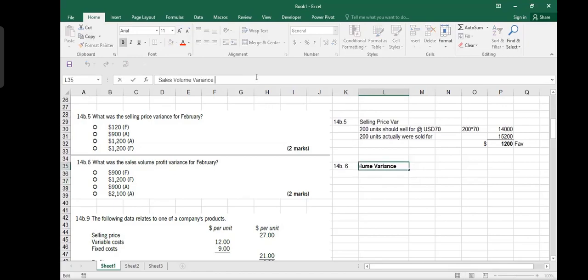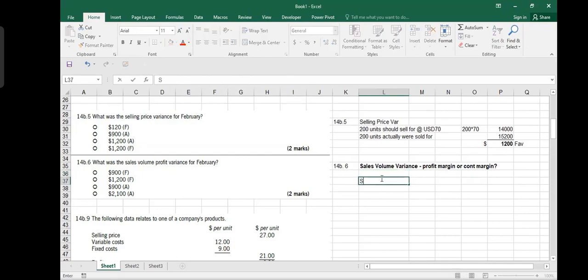You should always think about whether you are doing it with profit margin or contribution margin. If we use the absorption costing method, we are talking about sales volume profit margin variance. If you use marginal costing, then you say sales volume contribution margin variance.